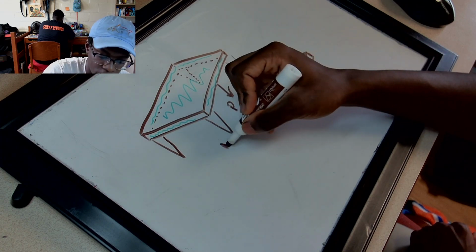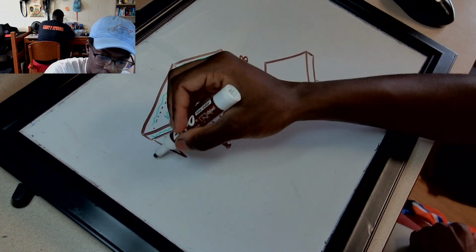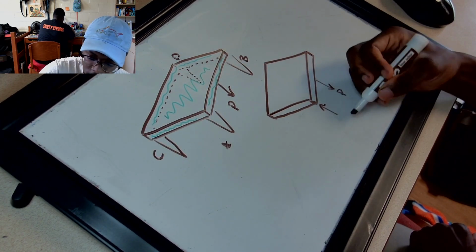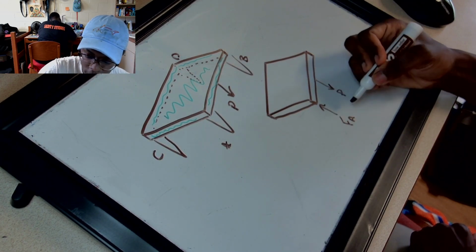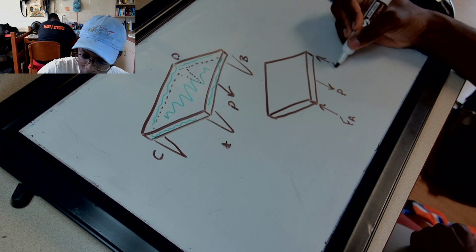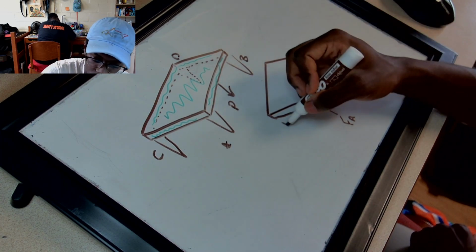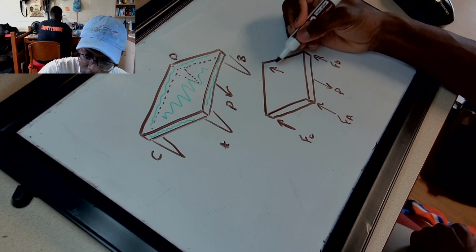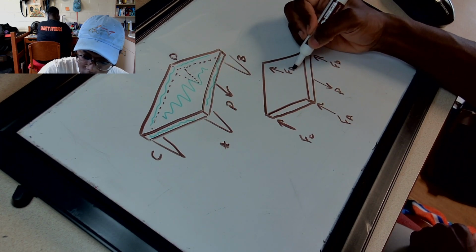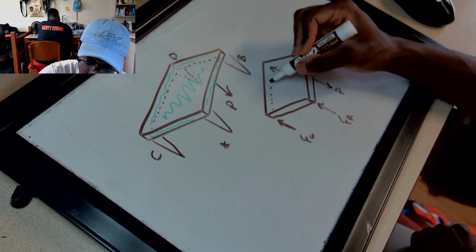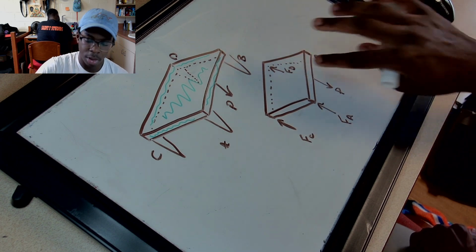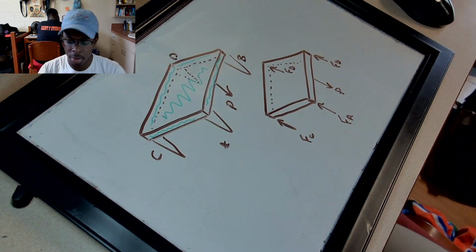So maybe we'll name each of these A, B, C, and D. We'll name this the force from A, this the force from B, this the force from C, and this the force from D. The situation's kind of weird because it's in 3D, but we know that that's underneath, kind of.